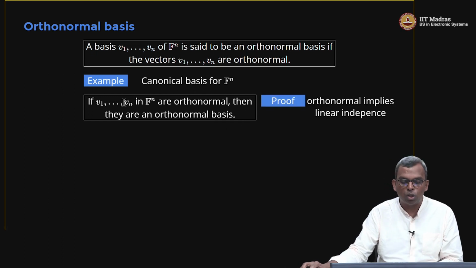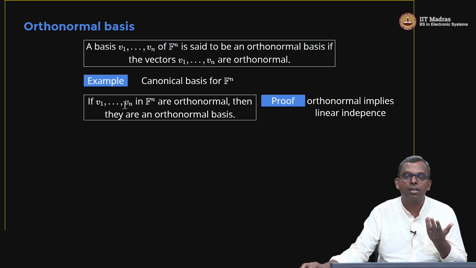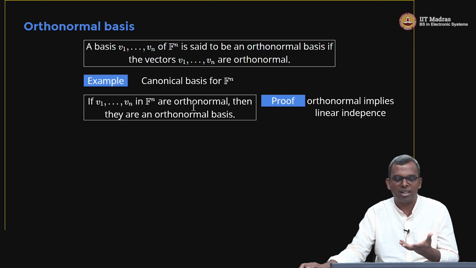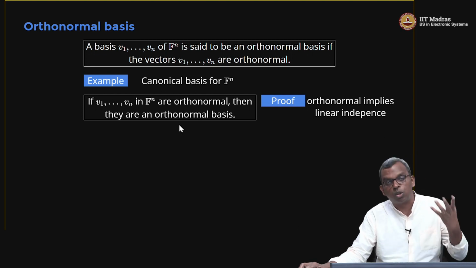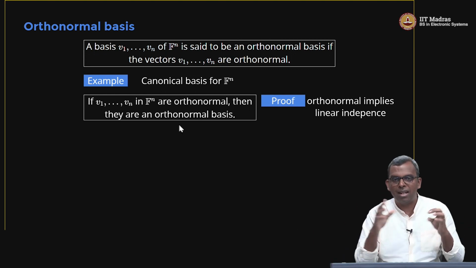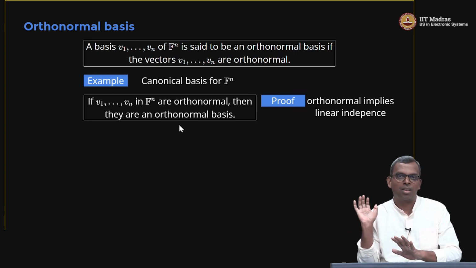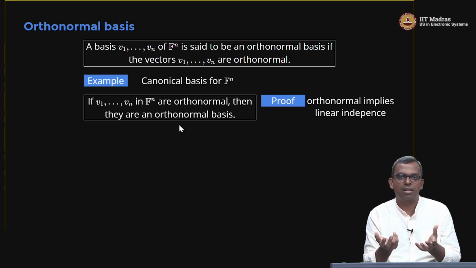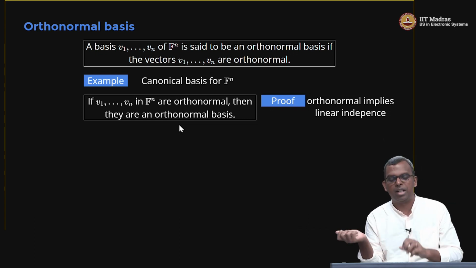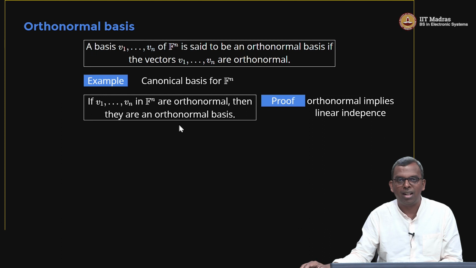That's very easy, right? Orthonormal implies linear independence. When you have n vectors, when do they form a basis in Fn? If they are linearly independent. Now, if they are orthonormal, they are also linearly independent clearly. So v1 to vn is also an orthonormal basis. So when you have n different vectors which are all orthogonal to each other, then you automatically have a basis. Those are the n perpendicular directions you can have in Fn.